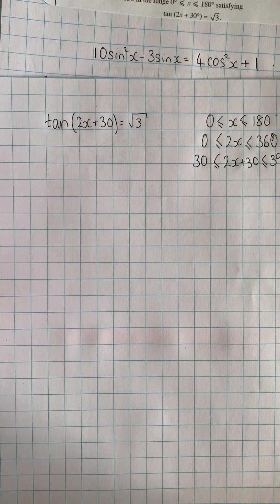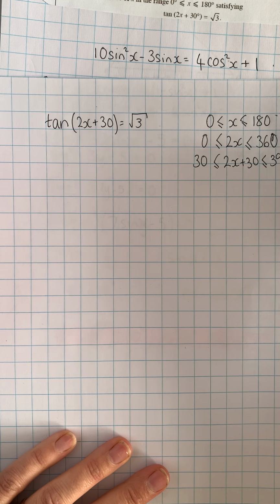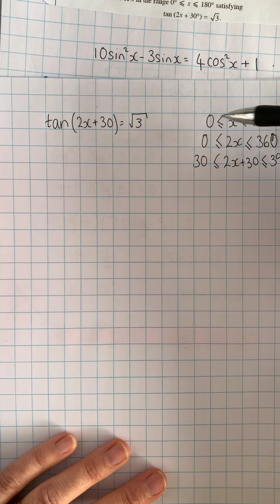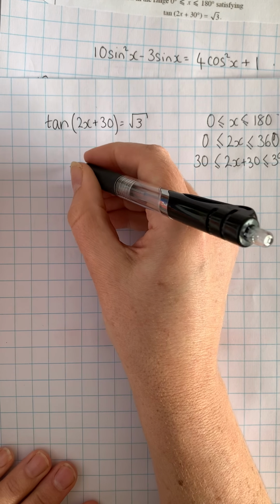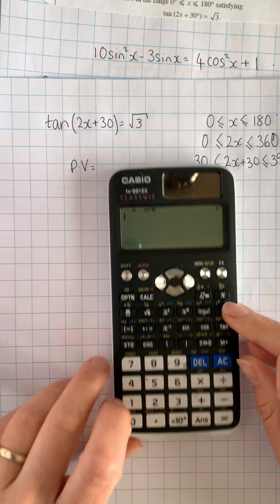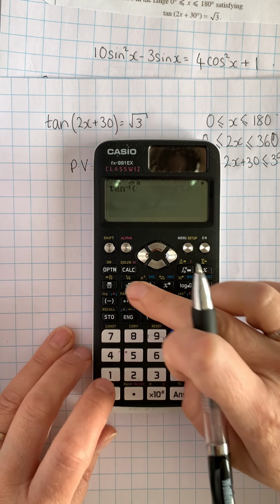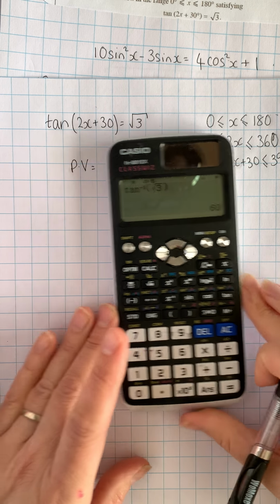So when I'm first looking for solutions, I'm looking for them in this range because by the time I take off 30, it will be in that range. And when I divide by 2, it'll give me the answers in this range. So principal value by inverse tan of root 3. Inverse tan of root 3 is 60 degrees.